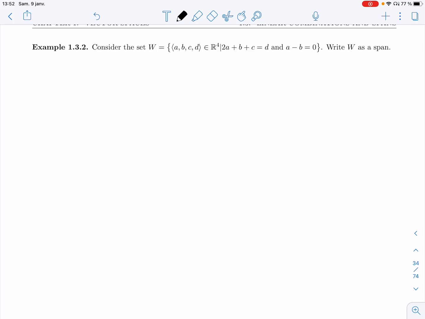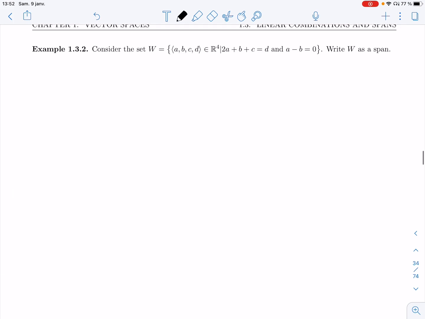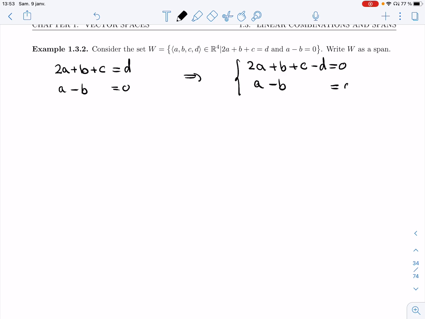All right, let's look at the two equations we're given. So we want to have 2a plus b plus c equals d and a minus b equals 0. That gives us a linear system, 2a plus b plus c minus d equals 0 and a minus b equals 0.